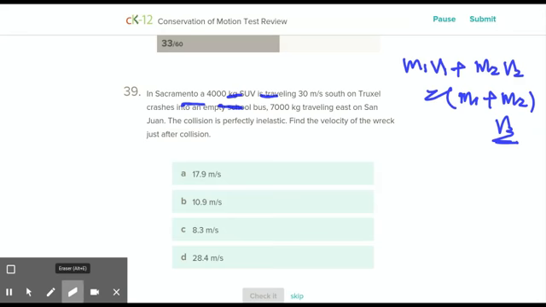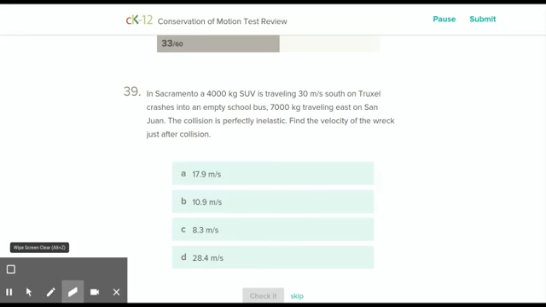Next. In Sacramento, a 4,000 kilogram SUV is traveling 30 meters per second and crashes into an empty school bus. Thank God it's empty. 7,000 kilograms traveling east on San Juan.